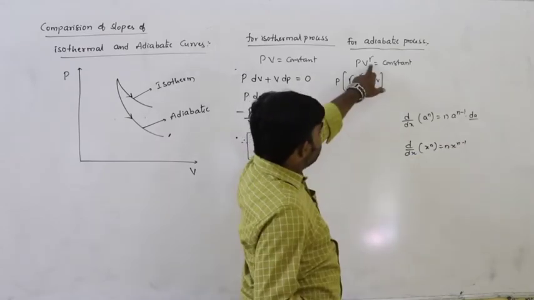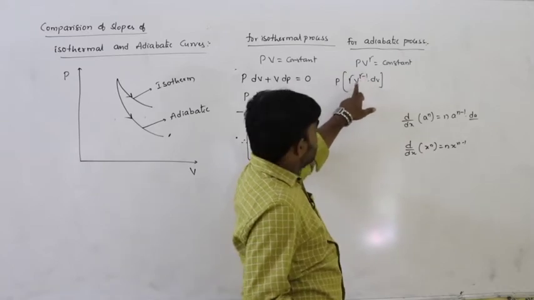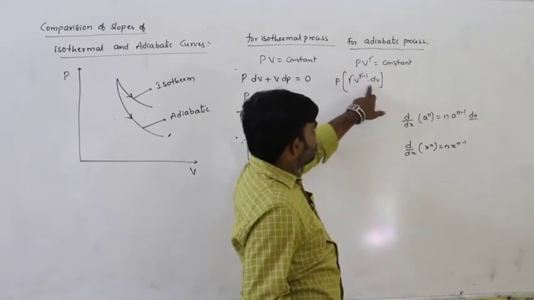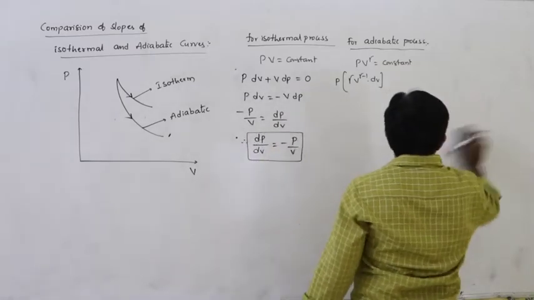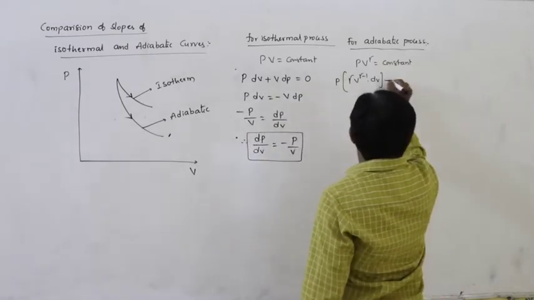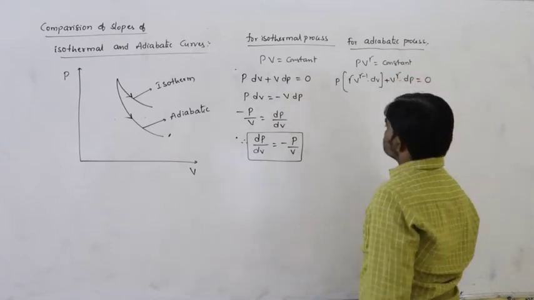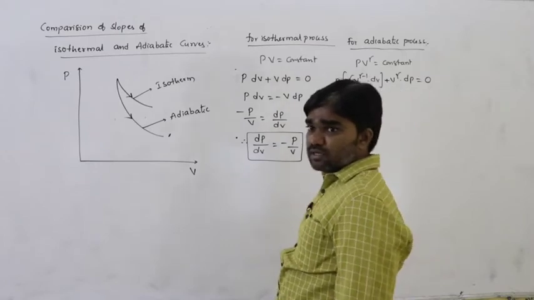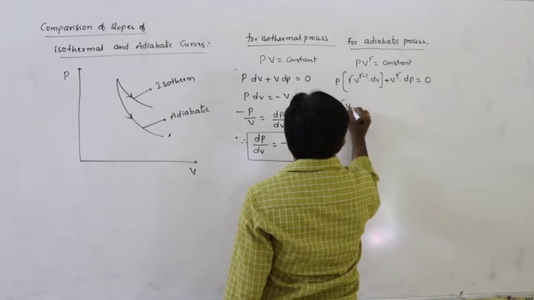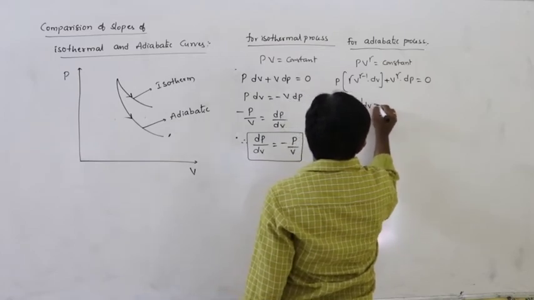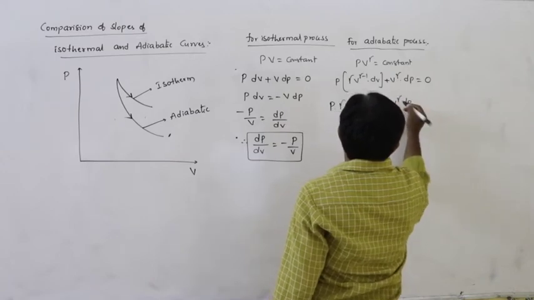So differentiation of V power gamma is gamma into V power gamma minus 1 into dV. Plus, the second term remains constant and it is dP, that is equal to 0, because differentiation of a constant term is 0. So P into gamma into V power gamma minus 1 into dV is equal to minus V power gamma into dP.